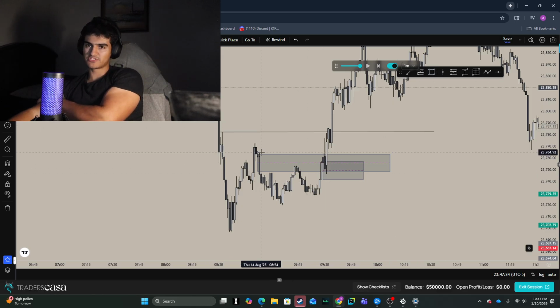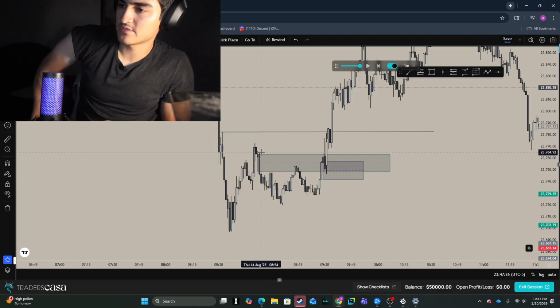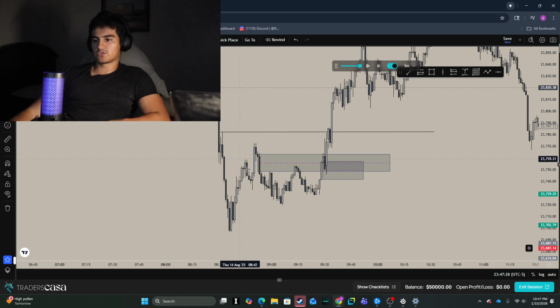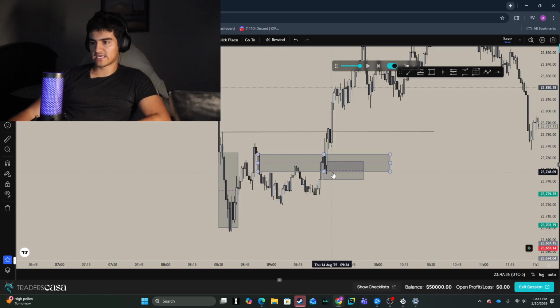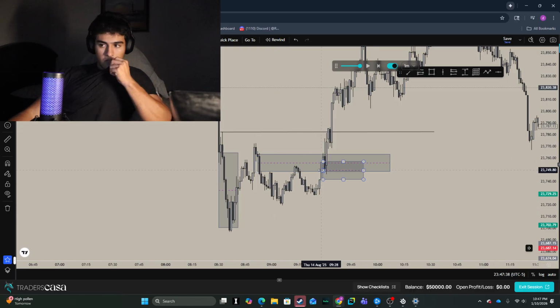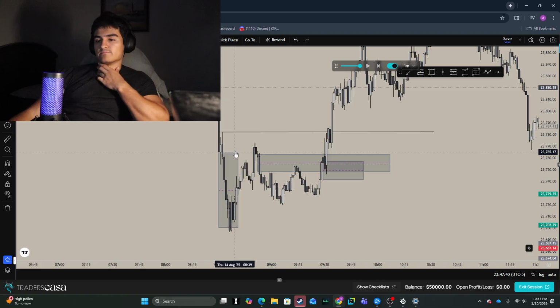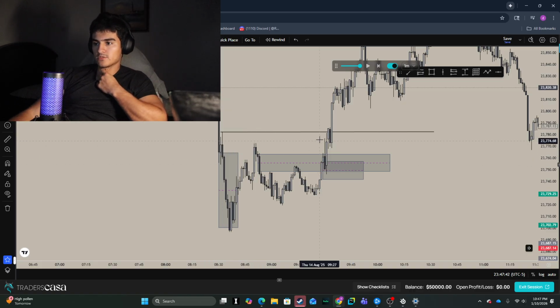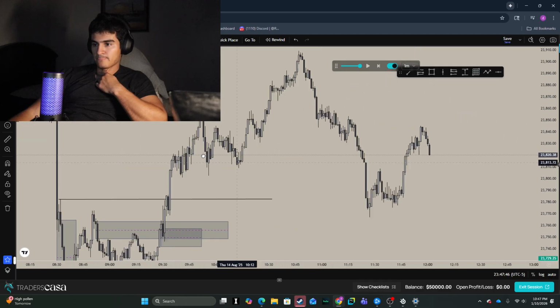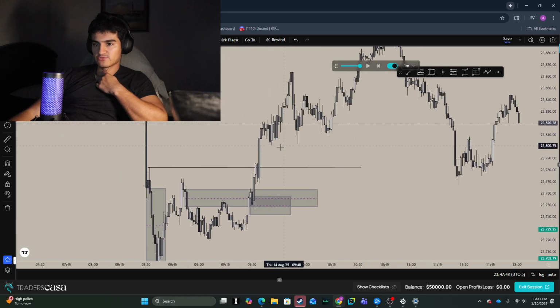Everything's more separated here, but this is still a good range, because we can also build more context. We inverse these gaps, we inverse this gap, we respect it here. We still have some room for our entry and our stop loss. Yeah, it was a nice trade.